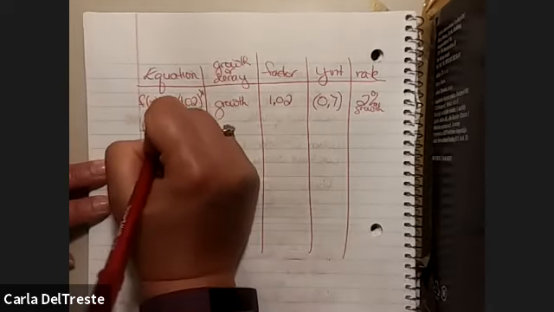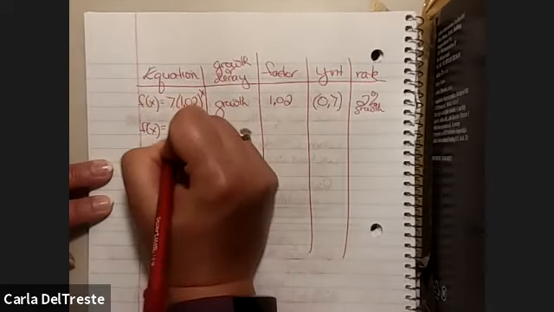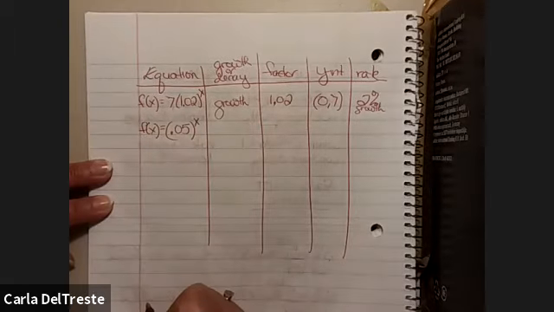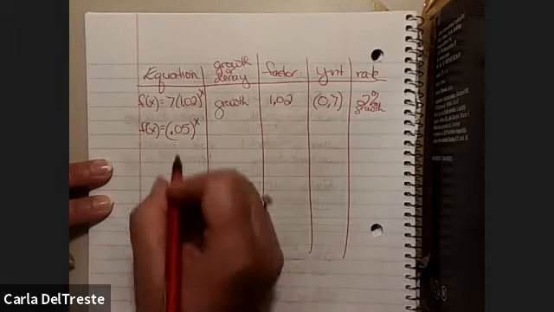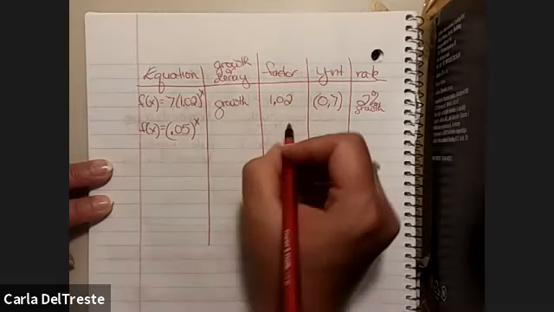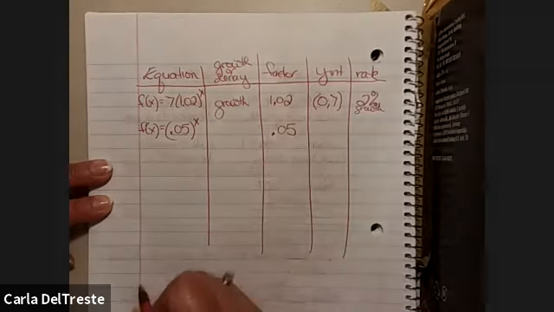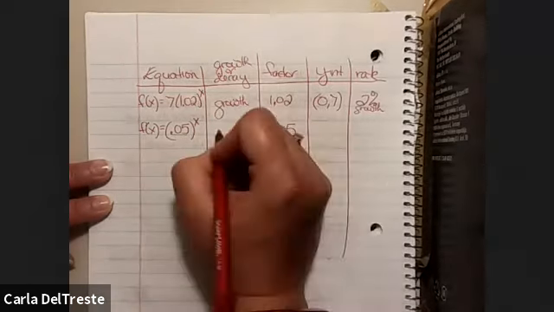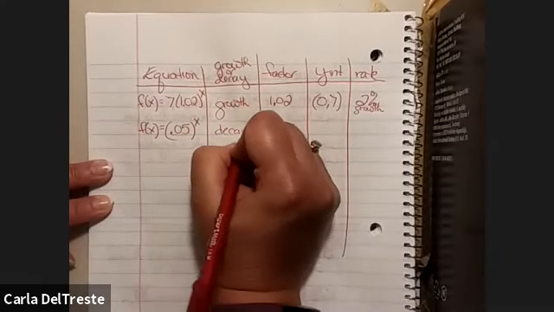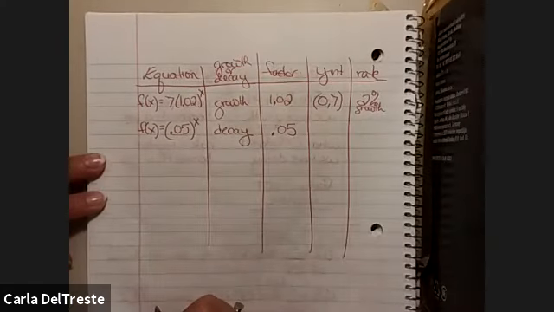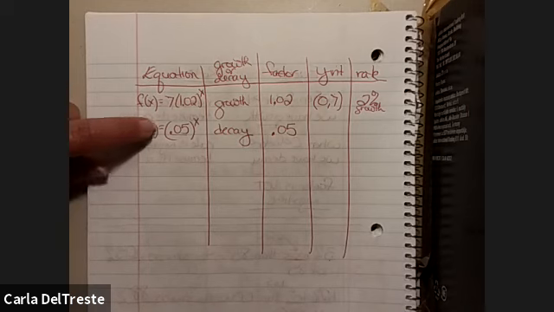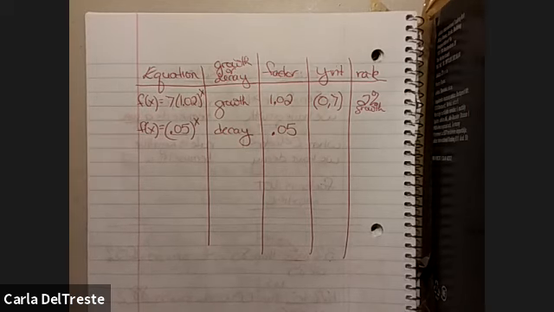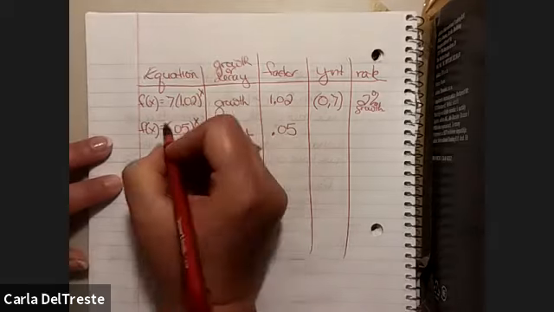f of x equals 0.05 to the x. Is this growth or decay? Well, the factor is 0.05. It's a decimal, which tells me that this is decay. Y-intercept, this is one of the tricky ones. There's nothing written here, but that doesn't mean it's 0.